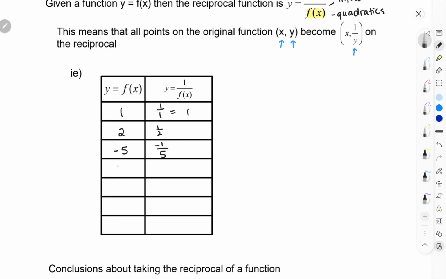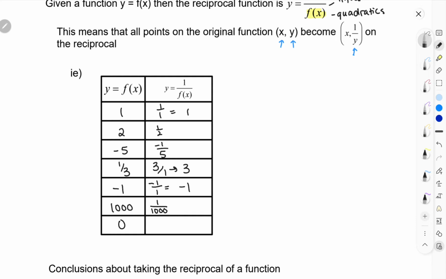If I put in a fraction, like 1/3, my reciprocal is 3 over 1, or just 3. If I put in -1, I get -1 over 1, which is also just -1. If I put in a really big number, I get 1 over that really big number, so a really small number.